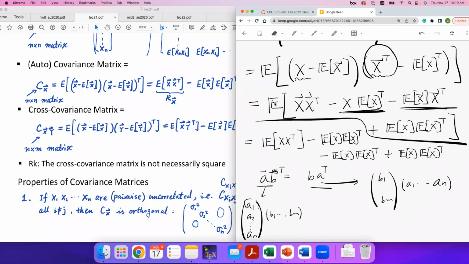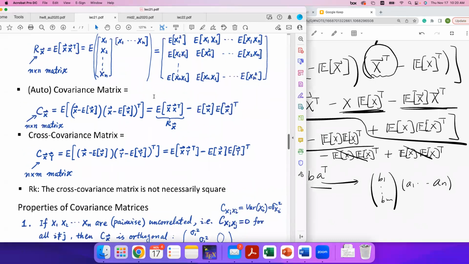Right. And now, after applying this expectation, these two become equal. But before applying that, they are different. Now after applying the outer expectation, these two get cancelled. So you get a formula very similar to the single random variable case. You get this formula for the covariance.